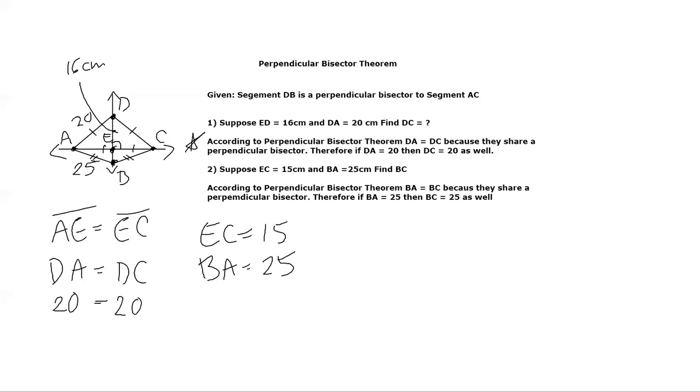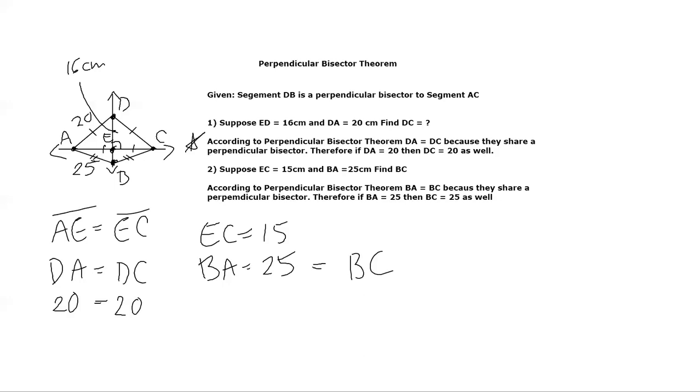However, AC is the total line, and it's cut in half by DB. So that means that to the left of DB and to the right of DB are going to be counterparts to each other. So if we want to know which one it equals, BA is going to be equal to BC.